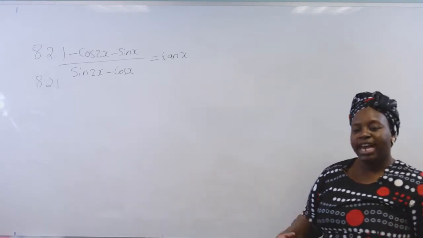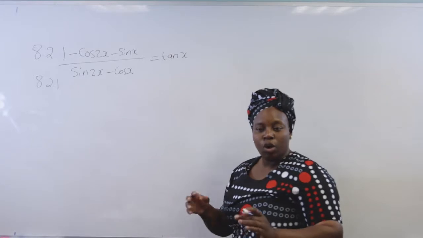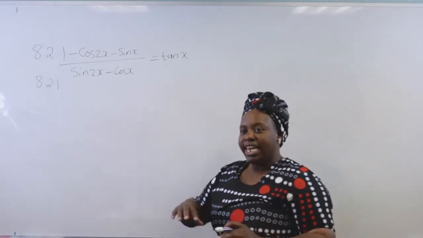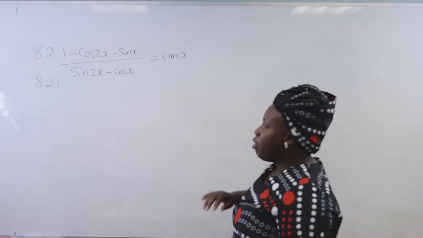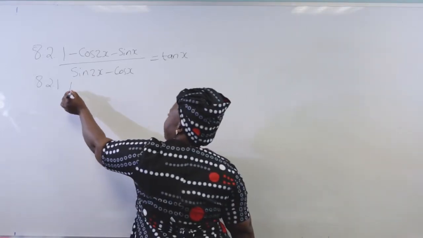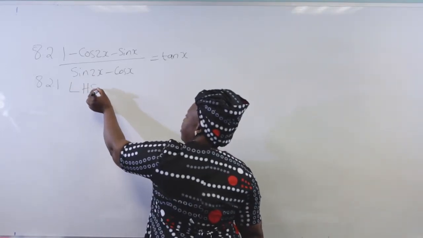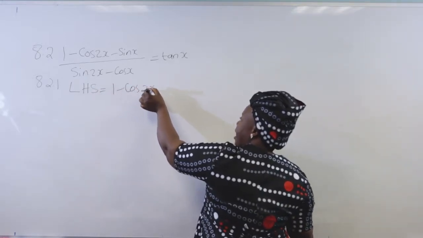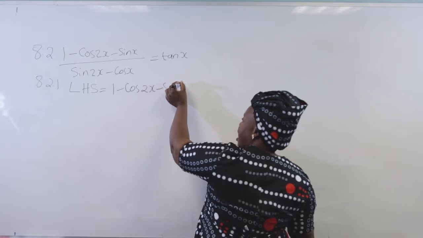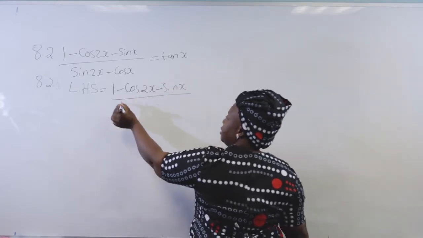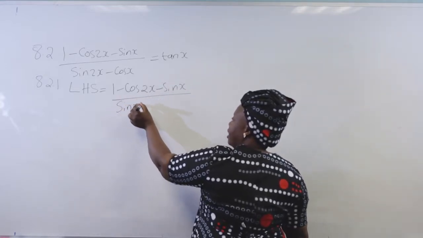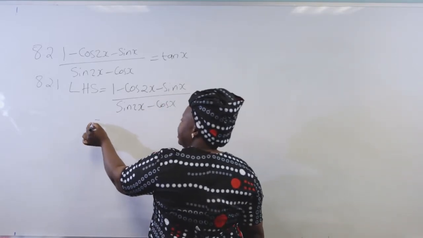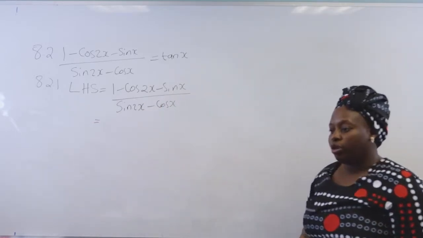Again, you take the complicated side, uncomplicate it, and make sure that it gives you what you're supposed to get on the other side. So in this case, our complicated side is our left-hand side. So left-hand side will be equal to 1 minus cos 2x minus sine x, all divided by sine 2x minus cos x.